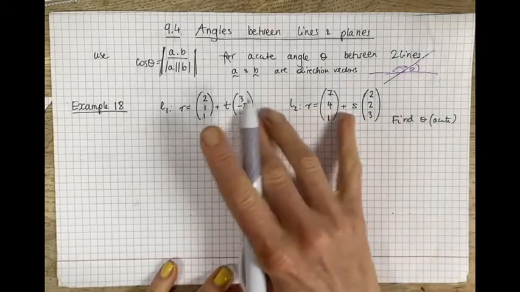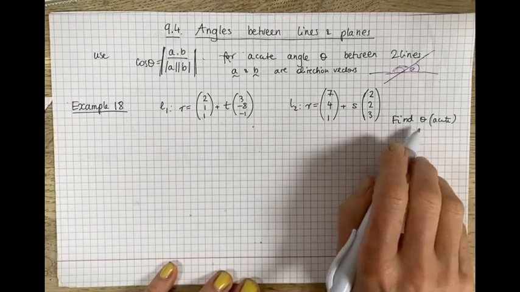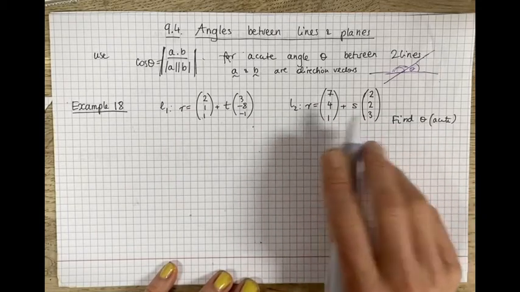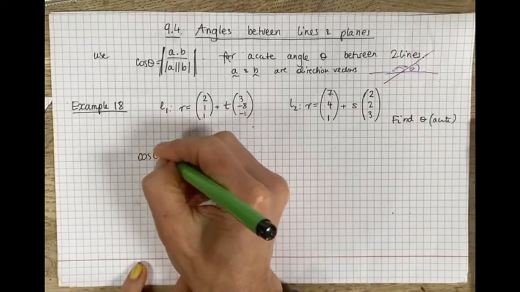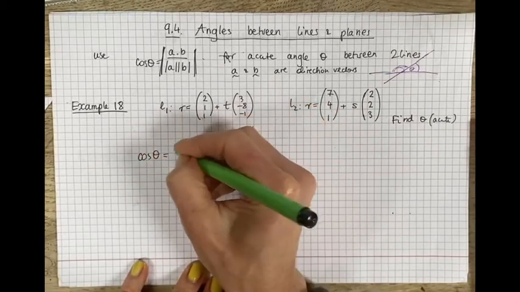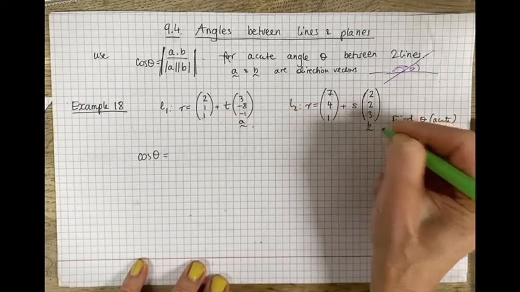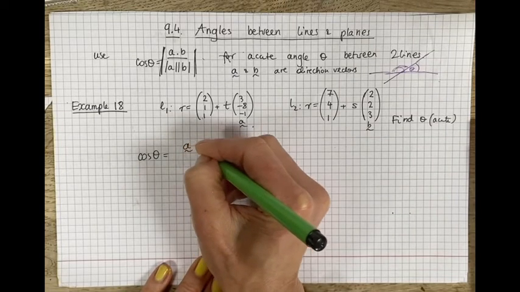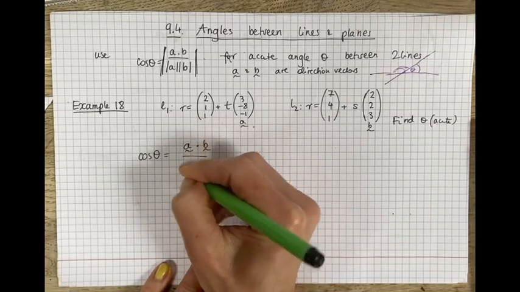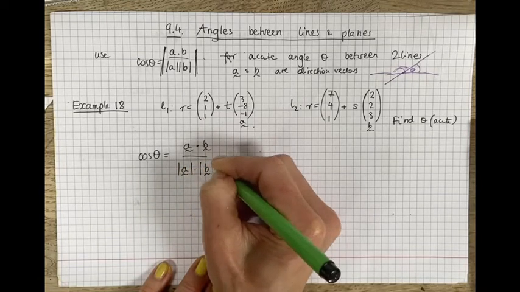You've got two straight lines, and you could see that they've been asked to find an acute angle theta between the two lines. So straight away, you don't need to draw anything, you're going to do cos theta, and if that's your A and that's your B, or D1, D2 for direction vectors, you're going to use the formula for the dot product, for the scalar product.